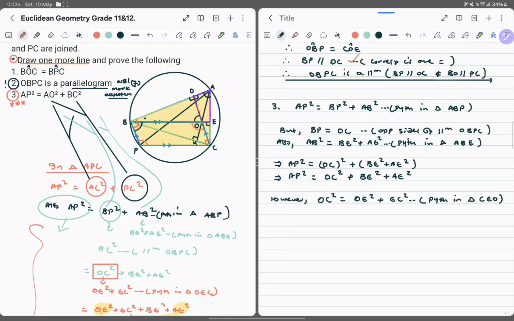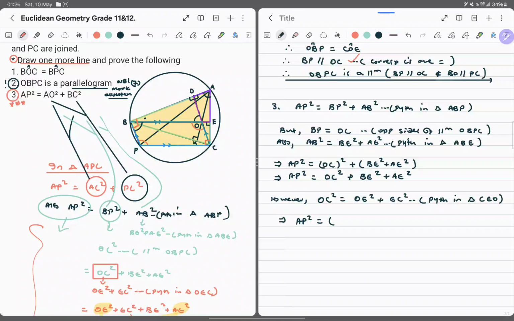The Chief Executive Officer. So if this is the case, it implies that AP squared is equal to, instead of OC, we will write OE squared plus EC squared.